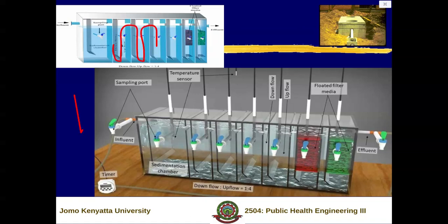Or you can have this kind of an arrangement, and so the wastewater goes around. So it's called an ABR, an anaerobic buffered reactor. It can go horizontally around the buffers or it can go up and down.